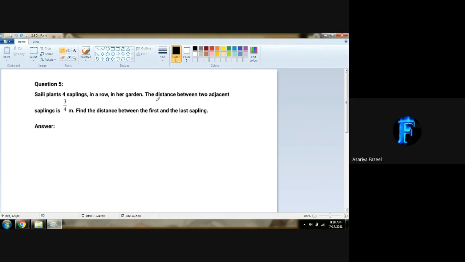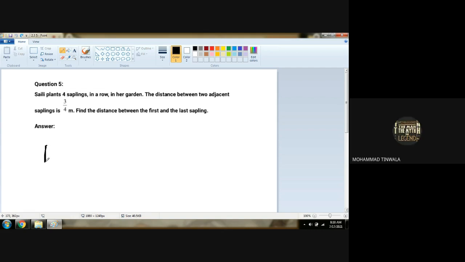The distance between two adjacent saplings, adjacent meaning side by side, is 3 upon 4 meter. Find the distance between the first and the last sapling.